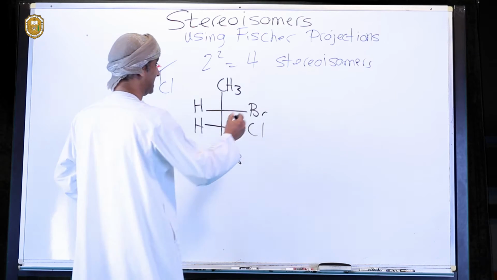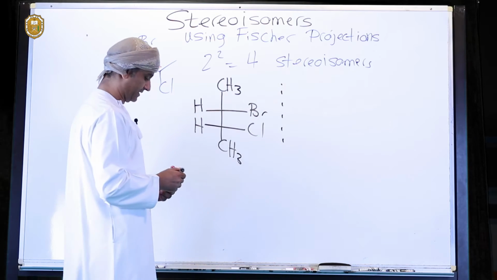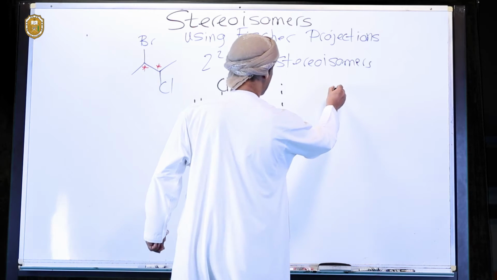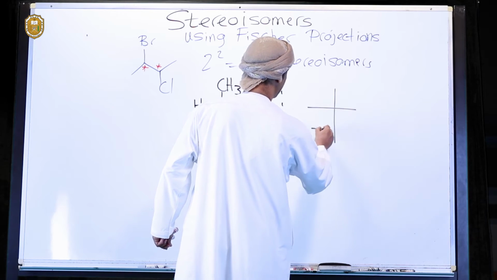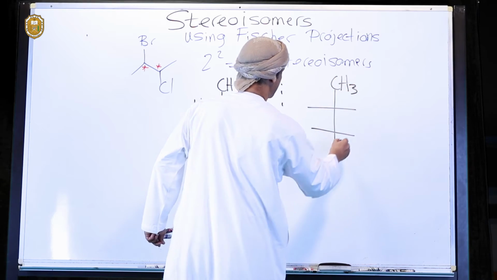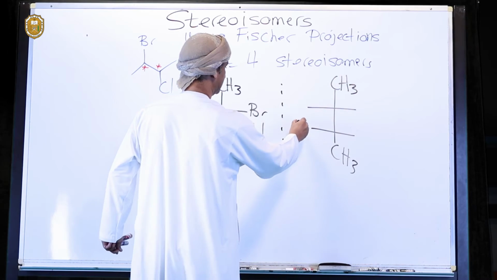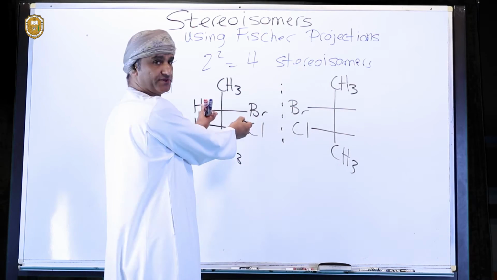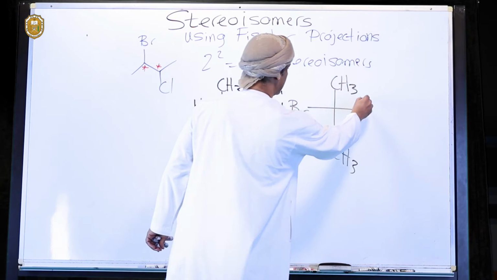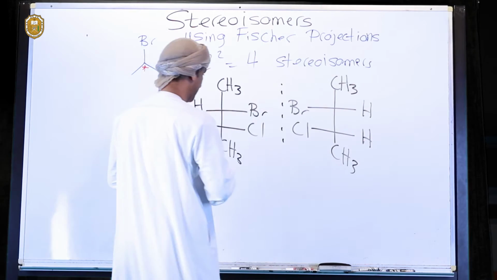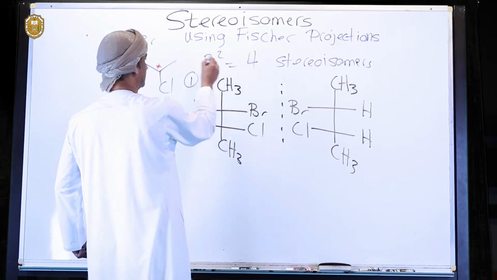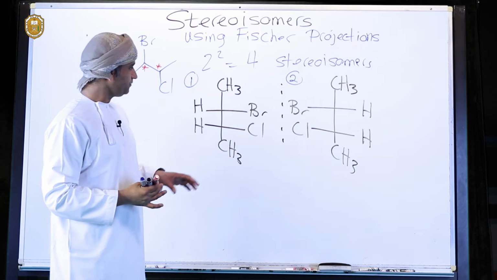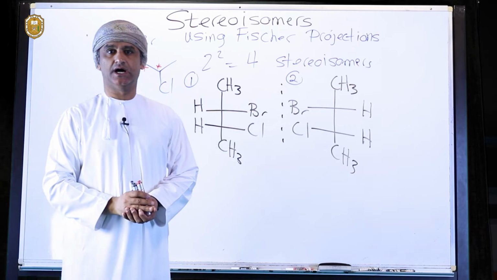To get the second stereoisomer, we simply draw its mirror image, which is this one here. Remember, this is a mirror plane, as if you put this in front of a mirror. So this is the second stereoisomer. These are two of them, 2 possible stereoisomers now.